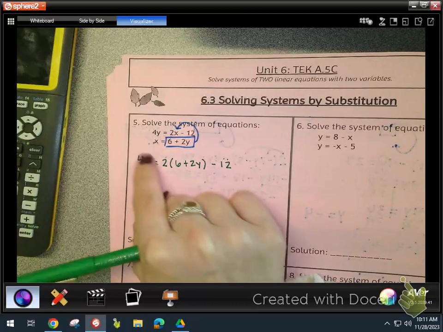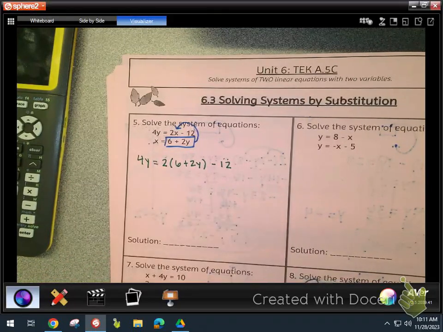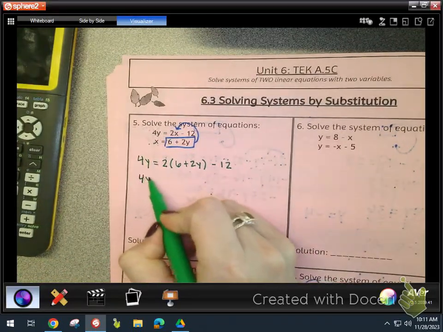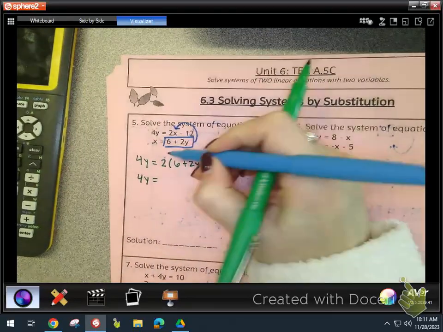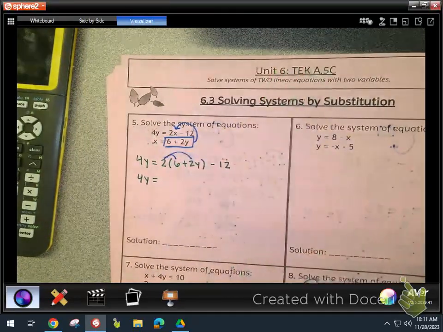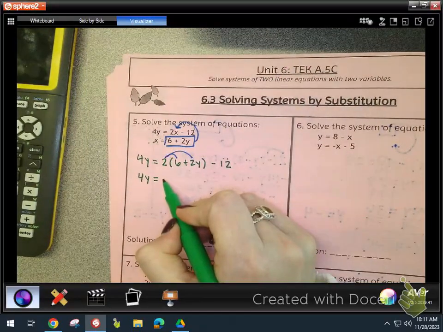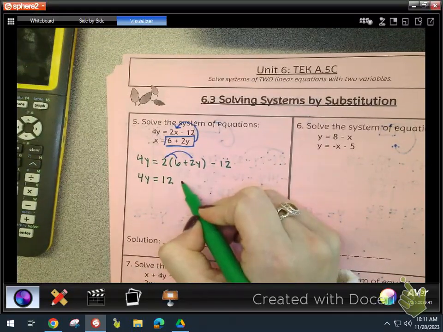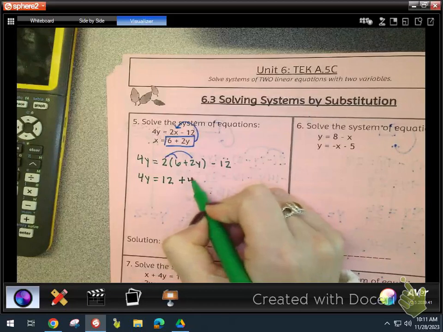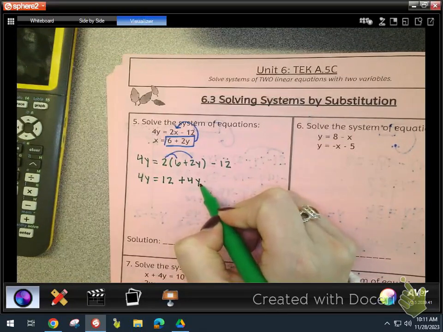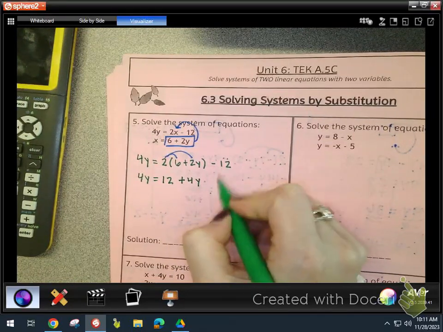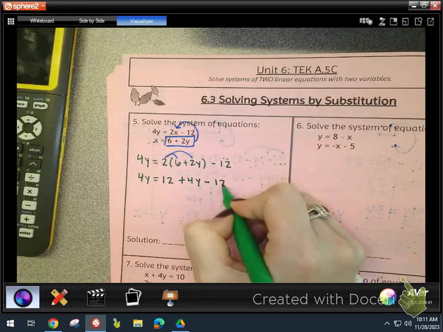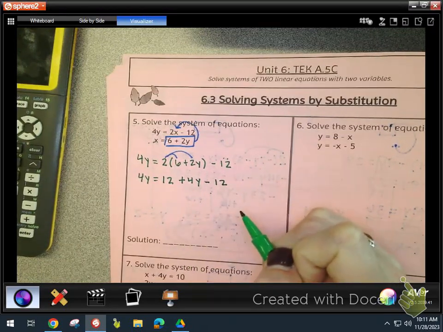Do I need to do anything right now to the left-hand side? No, I'm going to drop it down. What do I need to do to the right-hand side? Distribute. 2 times 6 is? 2 times 2y is? Positive 4y. So I need to have a plus sign. And then what's at the end? That just drops down. Minus 12. So I distributed.